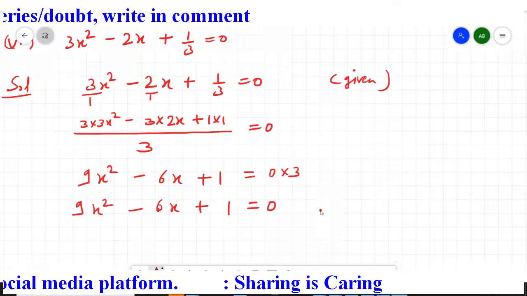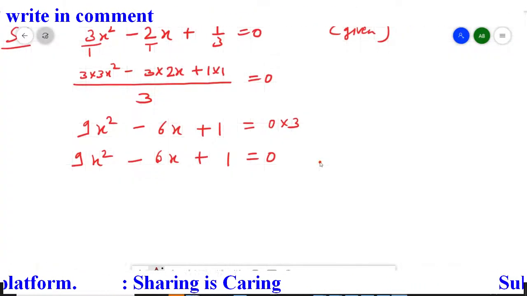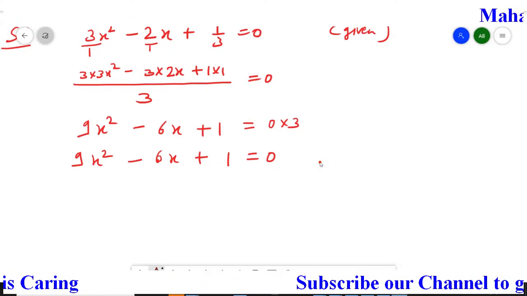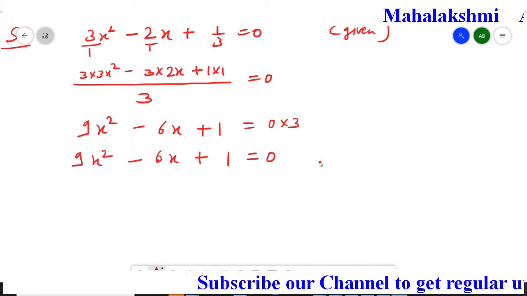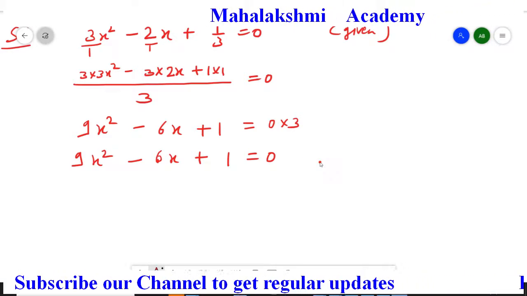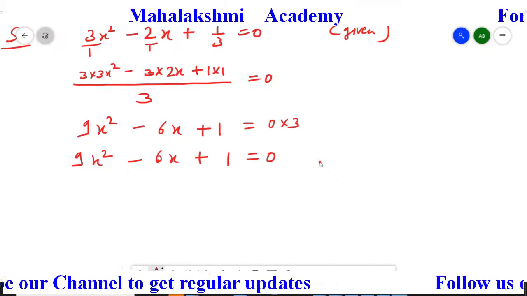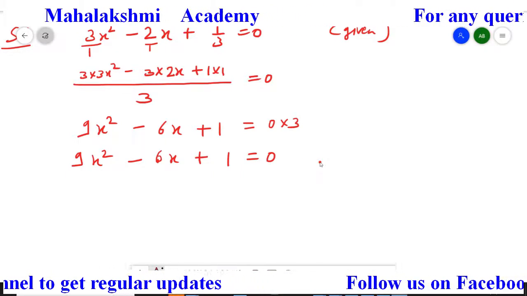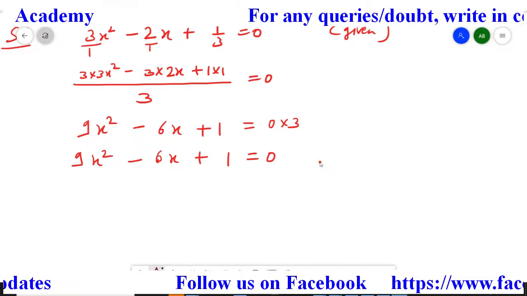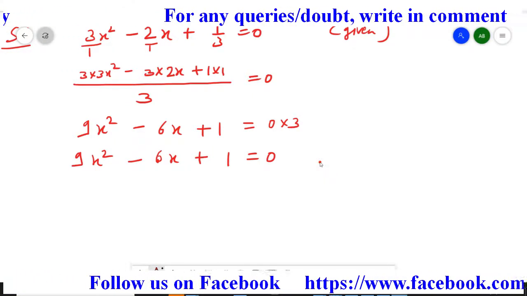Now after converting into standard form, we have to compare it. In the first part, the equation we got was already in standard form, so directly we went for the comparison. But in the sixth part, the equation is not in standard form. So first we convert the equation into standard form, and after that we compare it with the standard form.